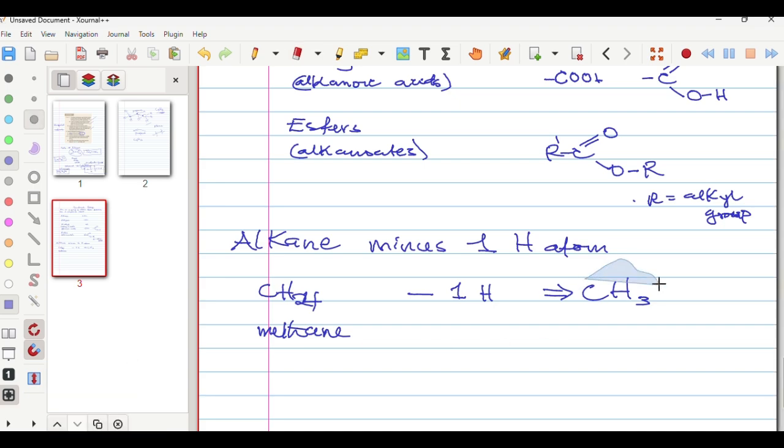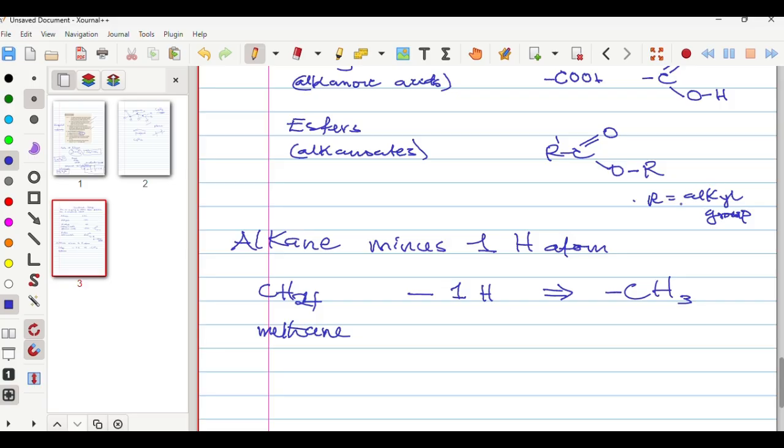And that CH3 is methyl. You will not see it written like this, because it doesn't make sense. They will put a bond like this that shows that it bonds to something. It cannot stay on its own. It has to bond. That's why we call it a substituent group. So this is an alkyl.